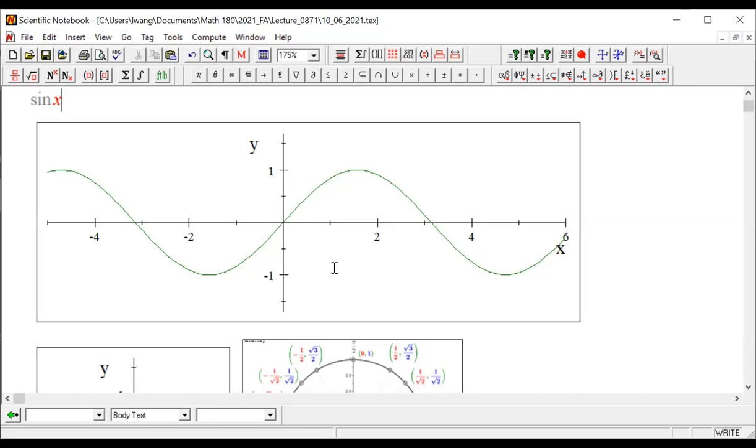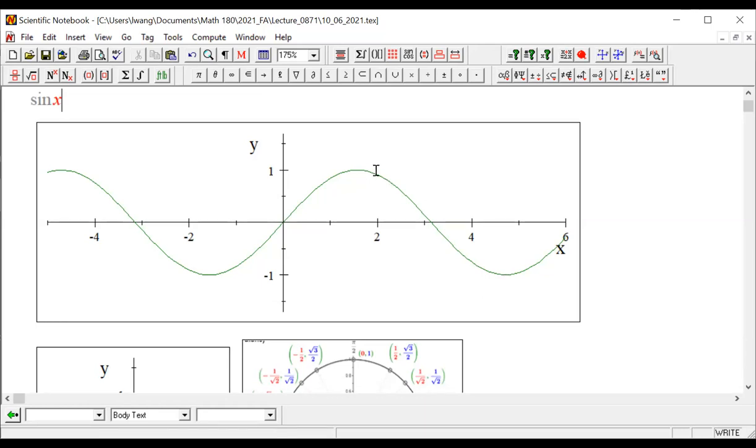To create that one-to-one function, we can see that there are pieces. For example, this piece, that piece, and that piece. This piece is a decreasing function, and it is going to be one-to-one.